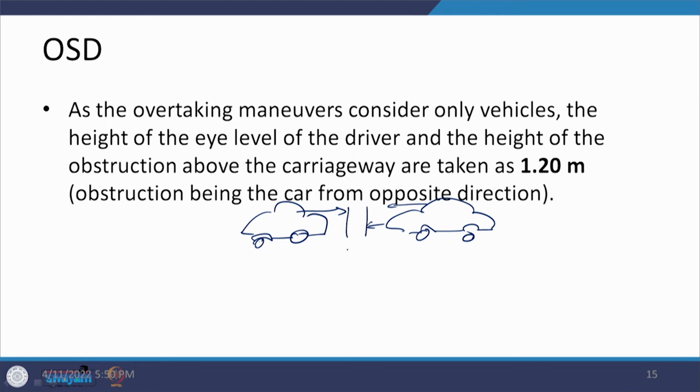That means we are talking about the eye level of the driver for the vehicle as well as for the object. So, both values are going to be 1.2 meters. That is another change with respect to SSD if we are comparing them.